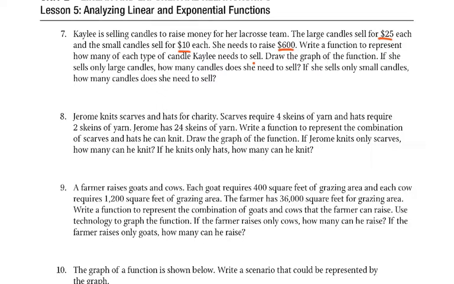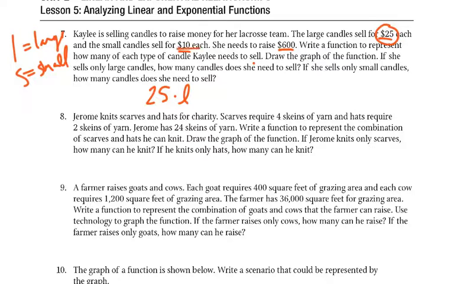Okay. So, we have L for large candle. And we have S for small. Now, how much does the large cost? 25 each, right? So if I take 25 and multiply it by how many I sell, that'll give me that cost, right?